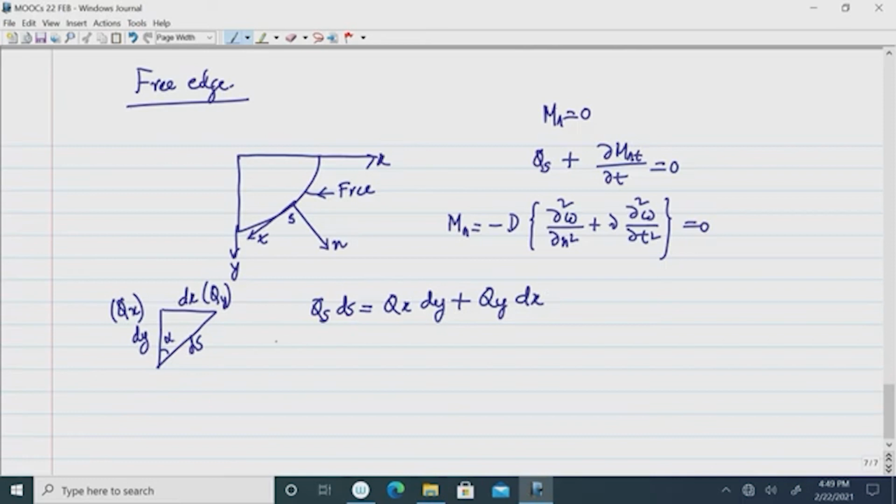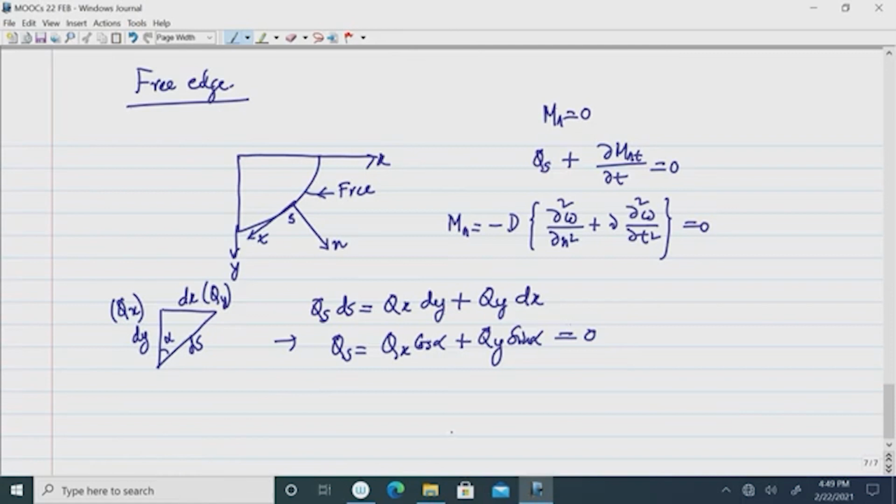Now, dividing both sides by ds, we now get q s is equal to q x dy by ds plus q y dx by ds. dy by ds we can write as cos alpha, and dx by ds we can write as sin alpha. So, this is the expression for q s and it is equated to be 0. Achha.